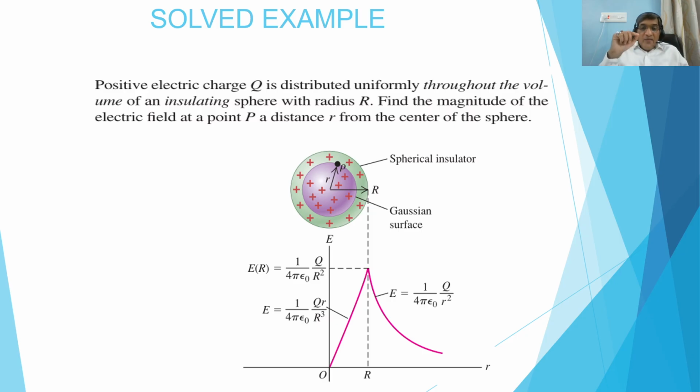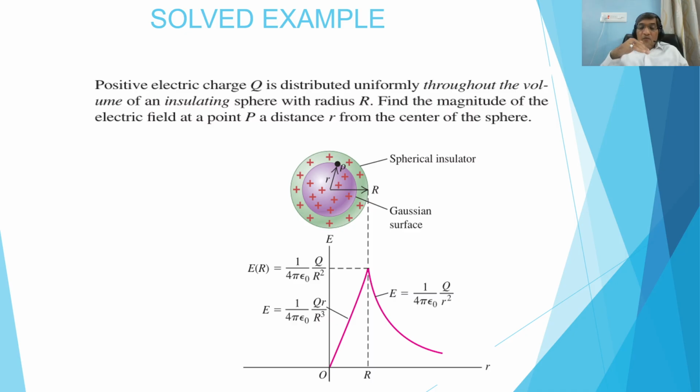So the electric field inside the uniformly charged spherical volume is directly proportional to small r. This is shown by the red line, which varies linearly up to capital R, the black dotted line plotted parallel to the y-axis.